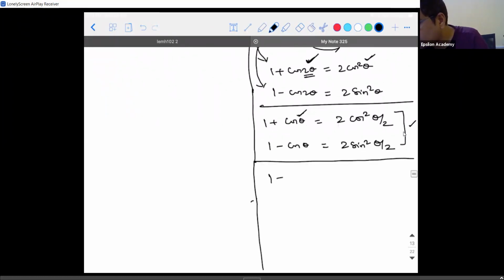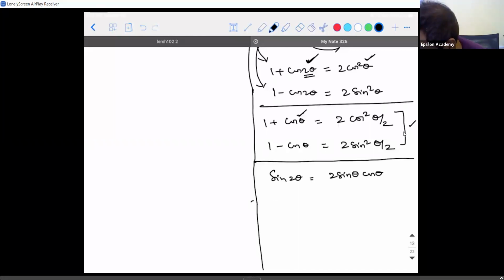If the question is 1 plus sin x, I don't have a direct formula to deal with it. I know the fact that sin 2 theta is how much? 2 sin theta cos theta. Correct?